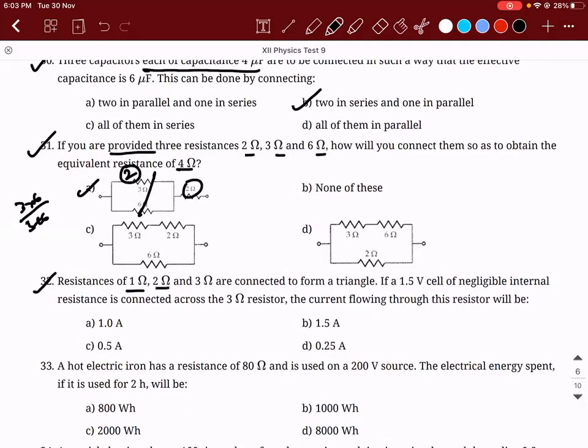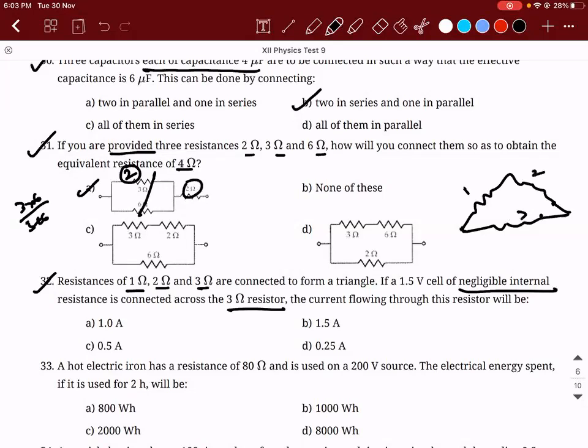32. Resistances of 1 ohm, 2 ohm, and 3 ohm are connected in the form of a triangle. If 1.5 volt of negligible internal resistance is connected across the 3 ohm resistor, the current flowing through the resistor will be? 1.5 volt is connected across whom? Across the 3 ohm resistor.